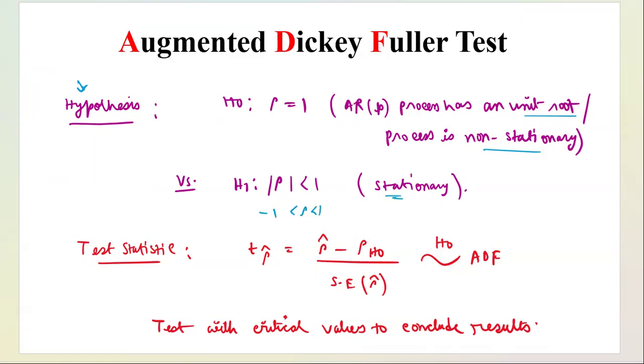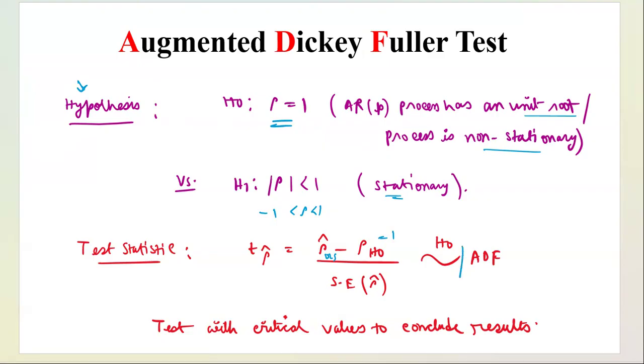And then you can define the test statistic accordingly. The format is entirely the same. You find the rho cap using OLS or some method, minus the rho value under the null hypothesis. Under the null hypothesis, what is the value? This is 1. So you substitute this to be 1 and then find the standard error of rho cap.